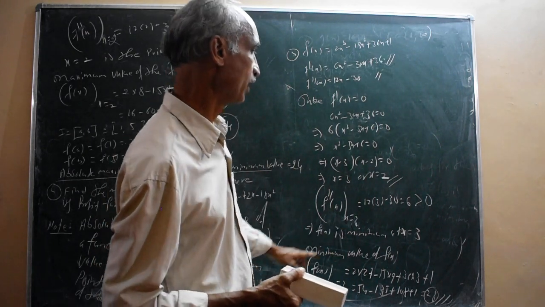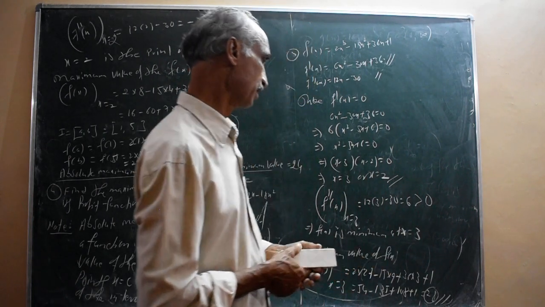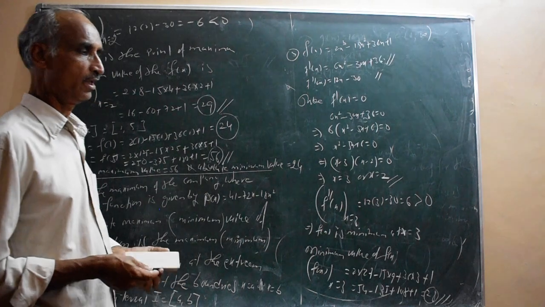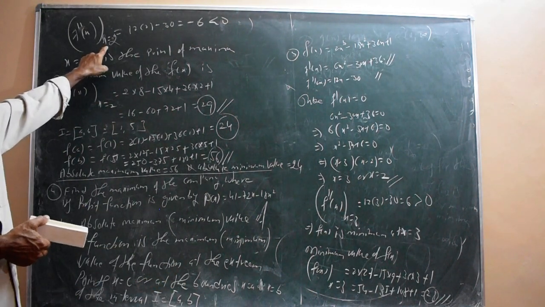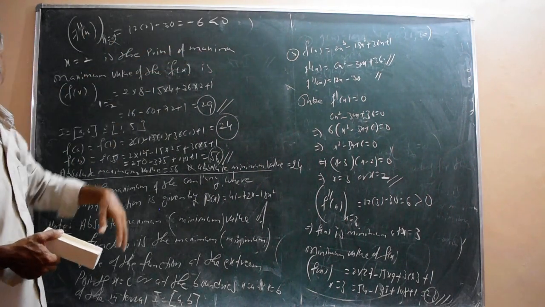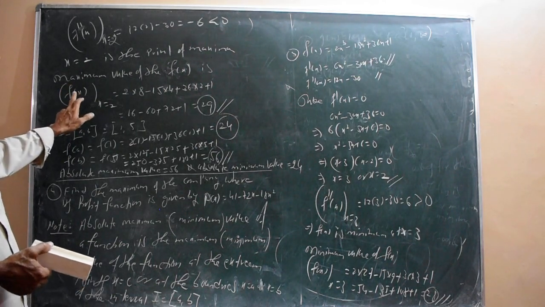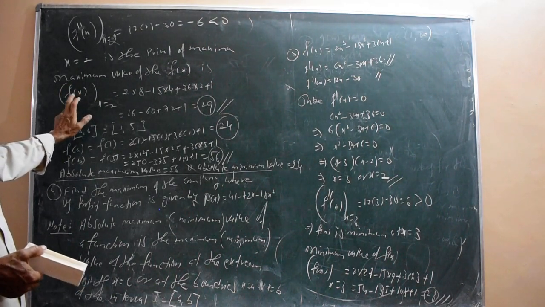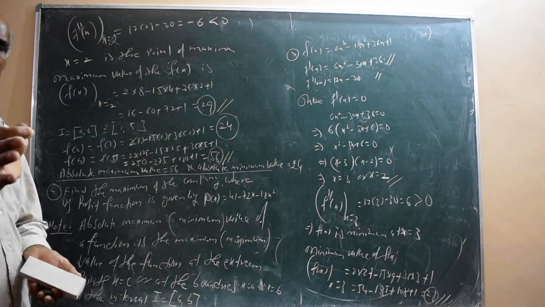The minimum value is obtained by taking x is equal to 3 in f of x, so you get 28. And x is equal to 2 is another extreme point. At that point the second order derivative f double dash of x is negative. It means x is equal to 2 is the point of maximum. The maximum value is obtained by taking x is equal to 2 in the original function f of x.